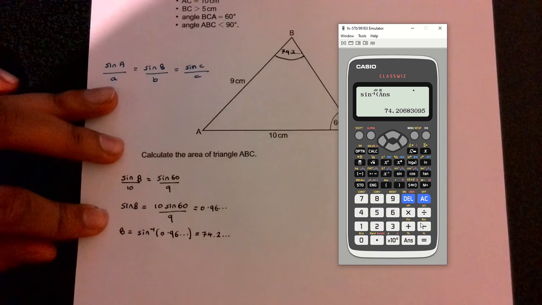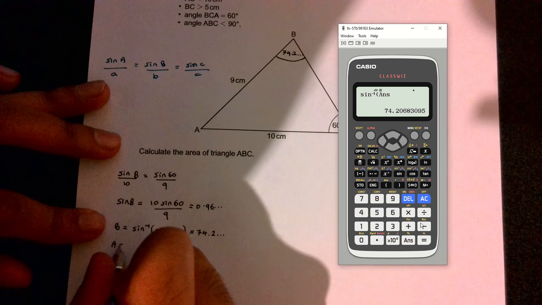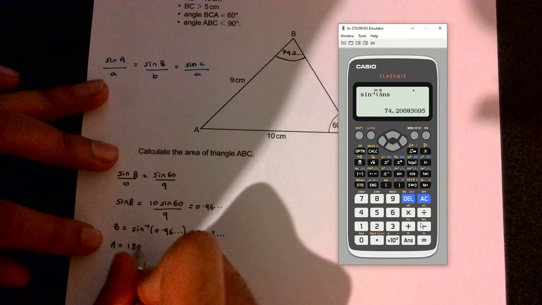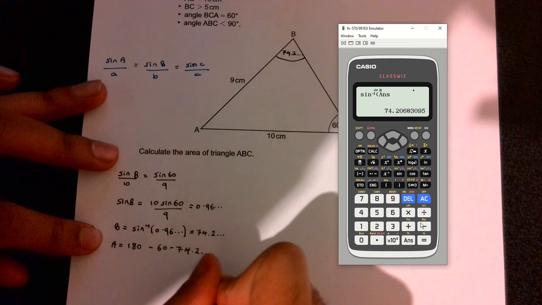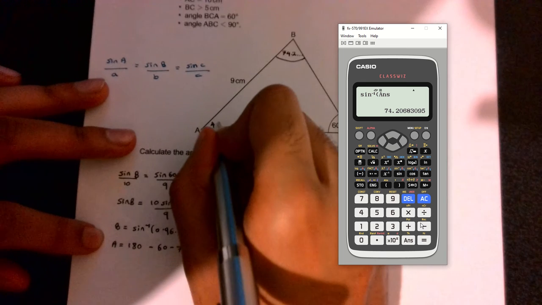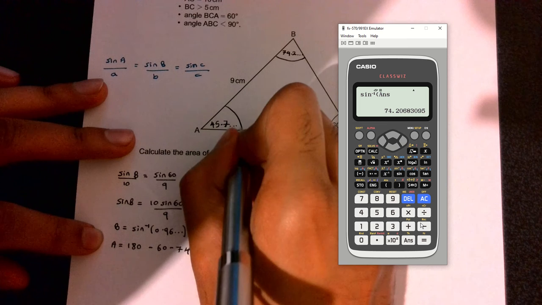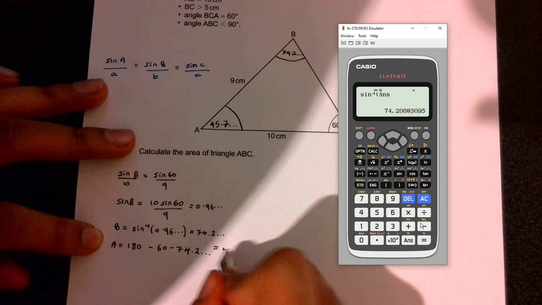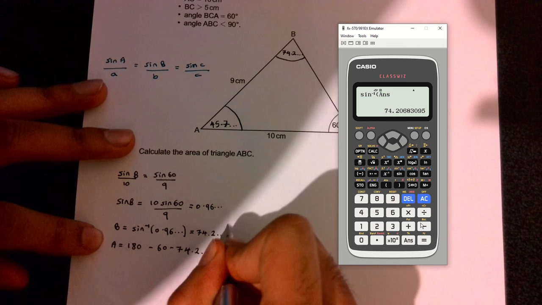And therefore this missing angle A is equal to 180 minus the 60 degrees minus the 74.2, etc. You'd find we get 45.7, etc. degrees.